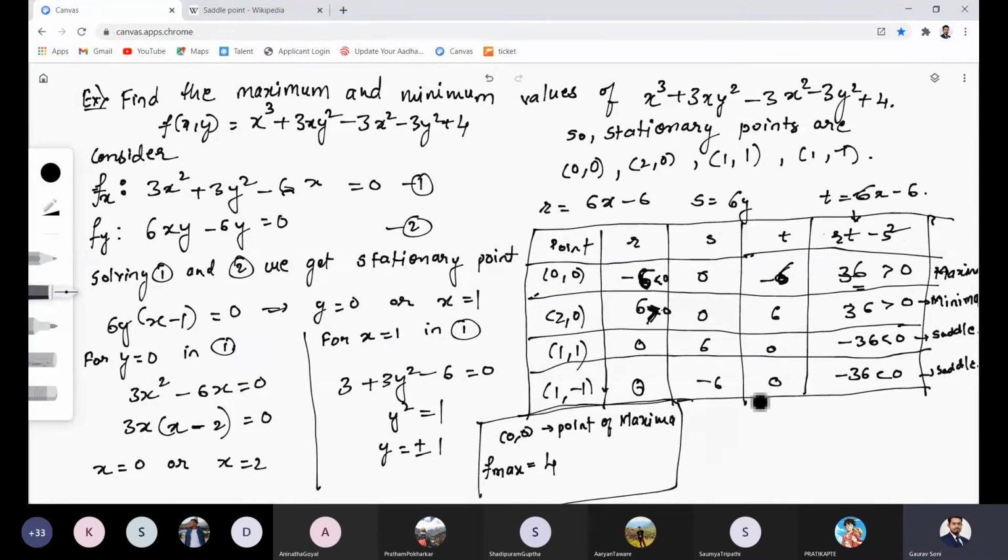Similarly, I can mention (2, 0) is the point of minima, and f min is 0.